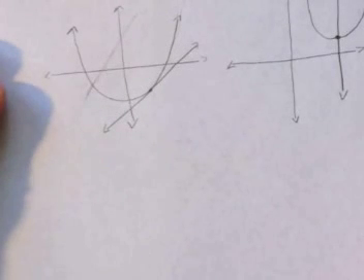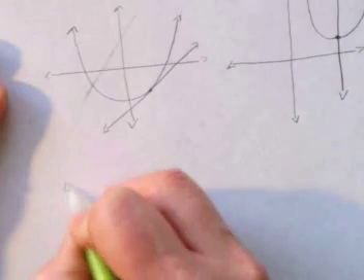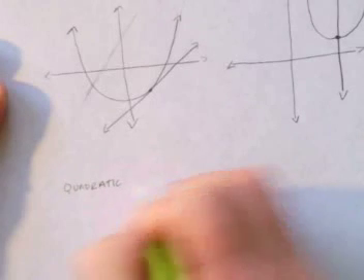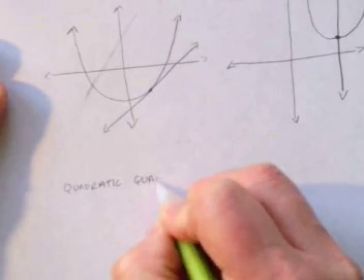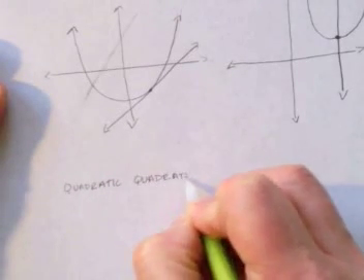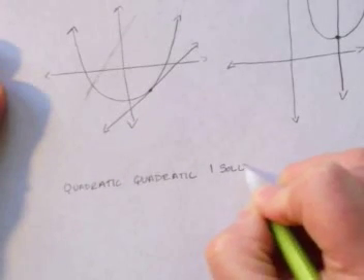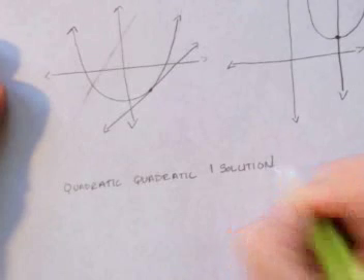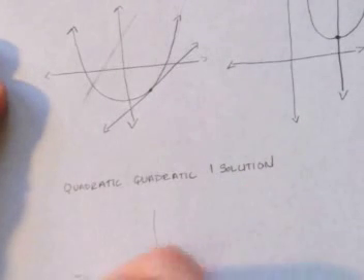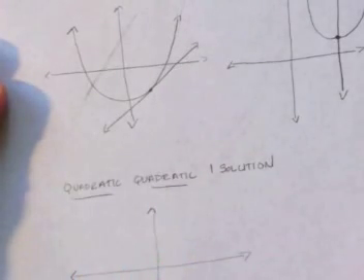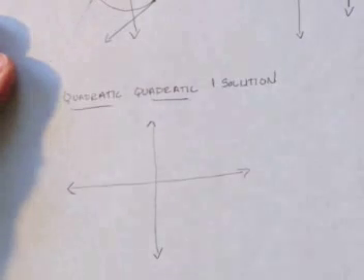So let's try another. Let's try a quadratic, quadratic, with one solution. So I know that if I take a look at the shapes I want to draw on the graph, because it's quadratic, quadratic, I'm going to have two parabolas.